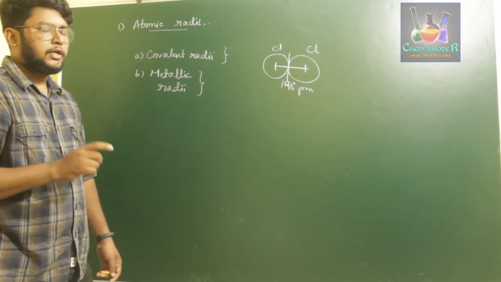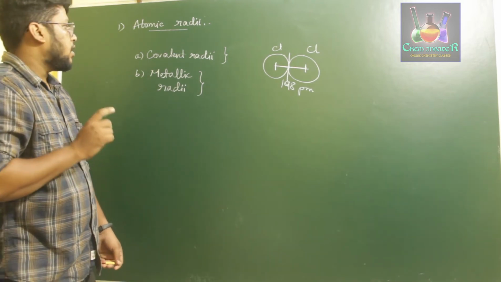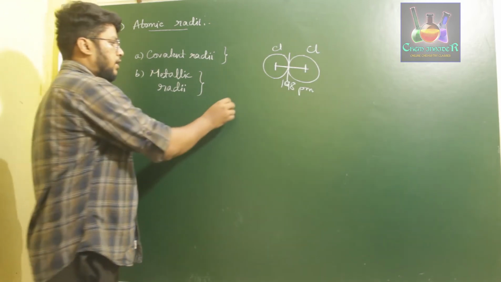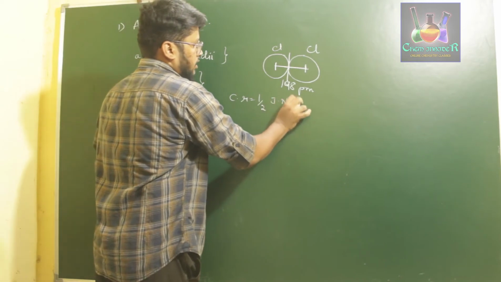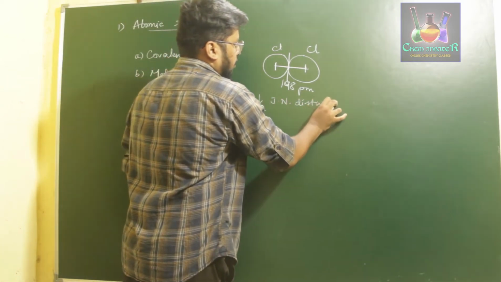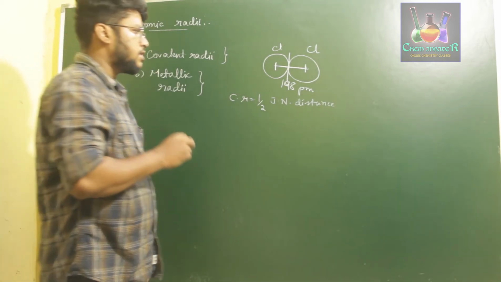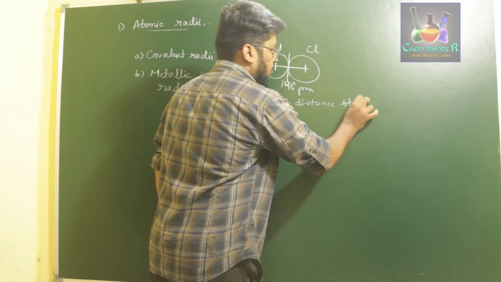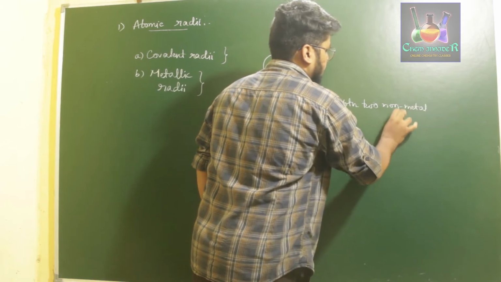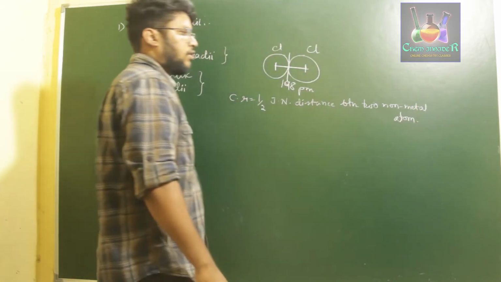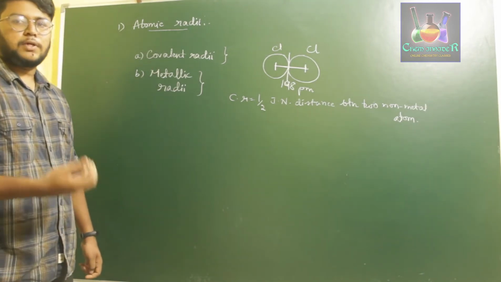So covalent radii CR is equal to half of the internuclear distance between two non-metal atoms. The internuclear distance between the two non-metal atoms is taken and it is divided by 2 in order to obtain its respective covalent radii.